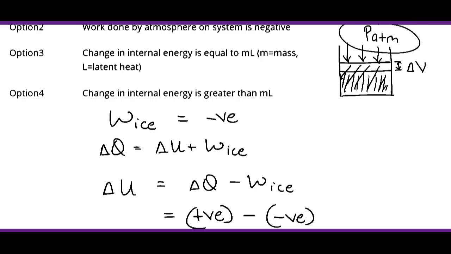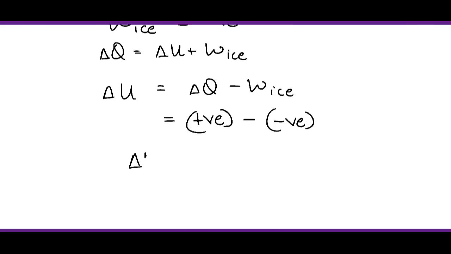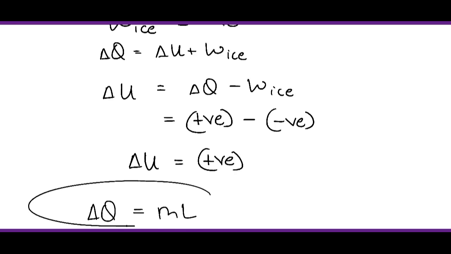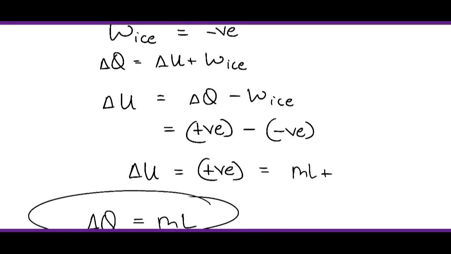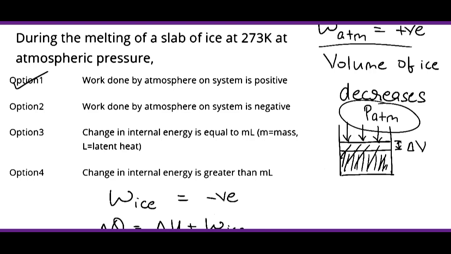So negative negative becomes positive, therefore delta U will be an overall positive value, and the heat added we know is equal to mL. So we can write delta U as mL plus the work done on the ice. The work done on the ice will be equal to the work done by the atmosphere.